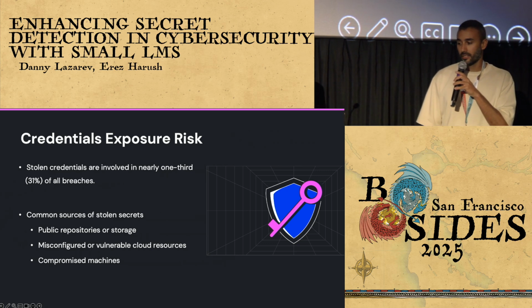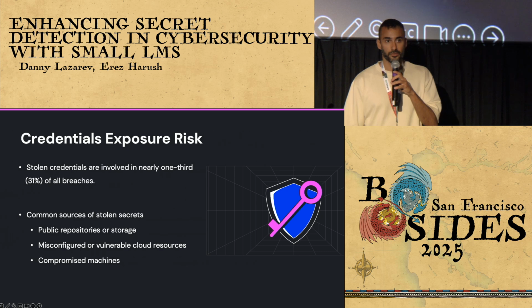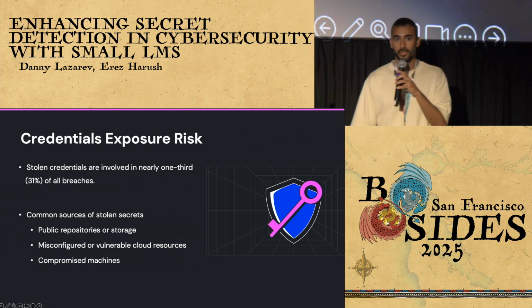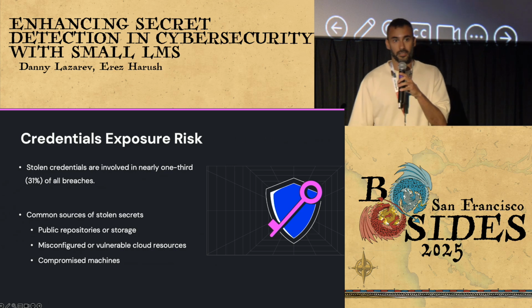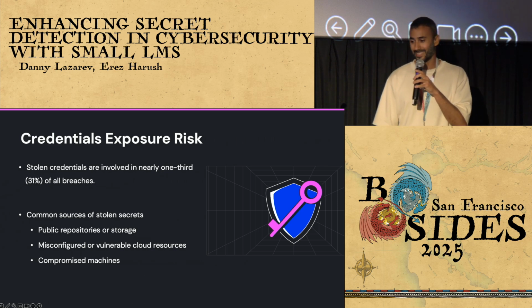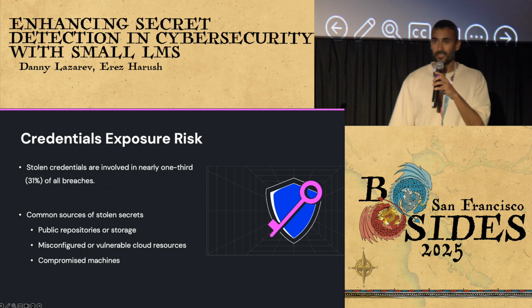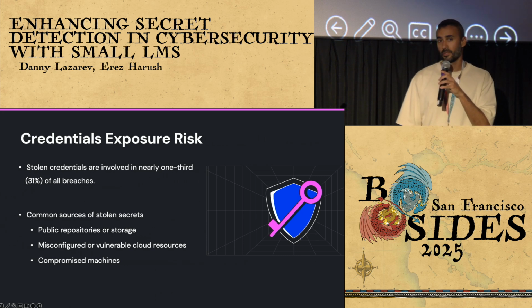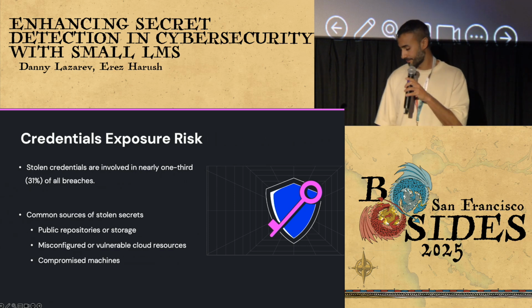The second is misconfigured or vulnerable cloud resources, for example, a public bucket where you store sensitive data or credentials that isn't supposed to be public. And the third is a compromised workstation. An attacker can get access to a workstation, and there they can probably find credentials stored in some files.